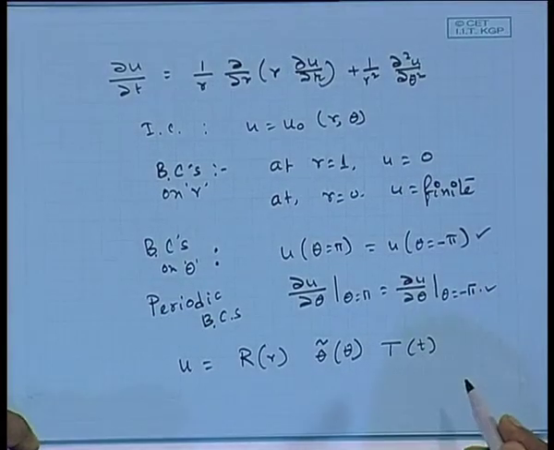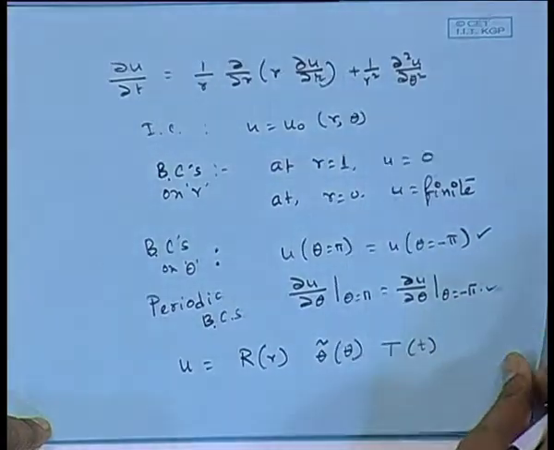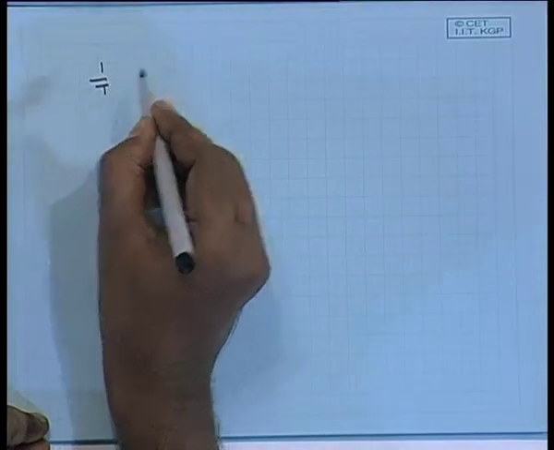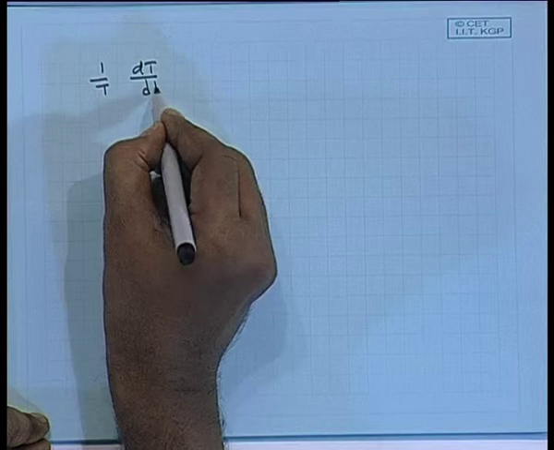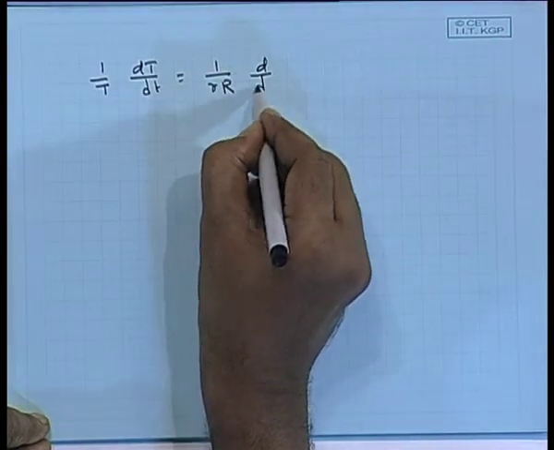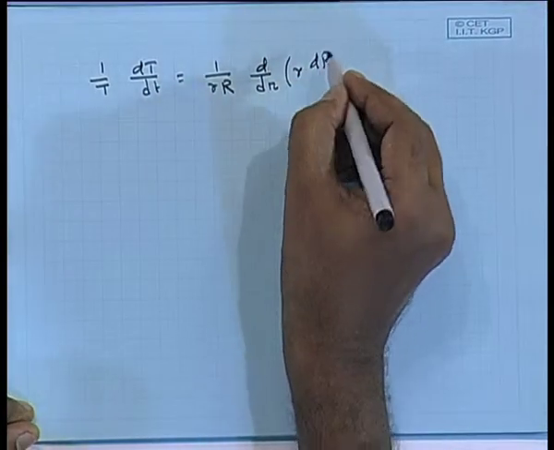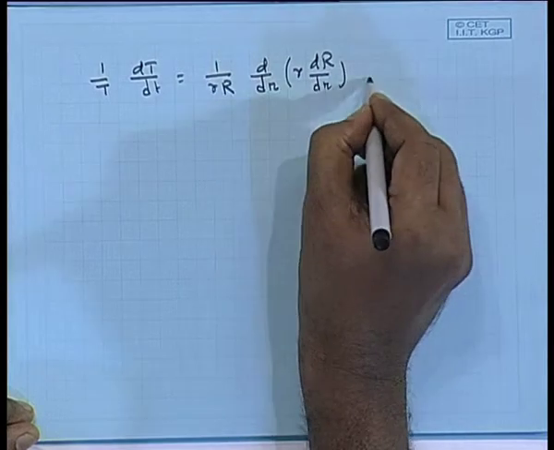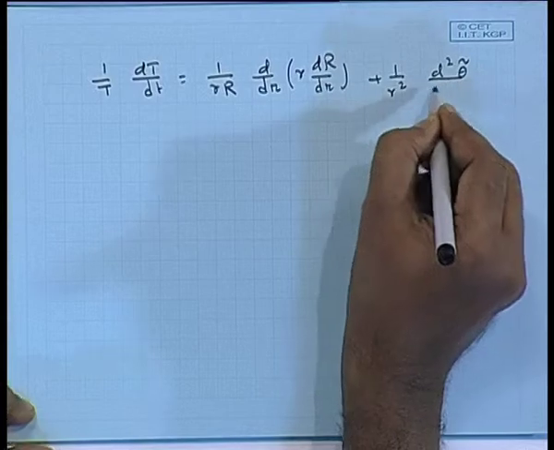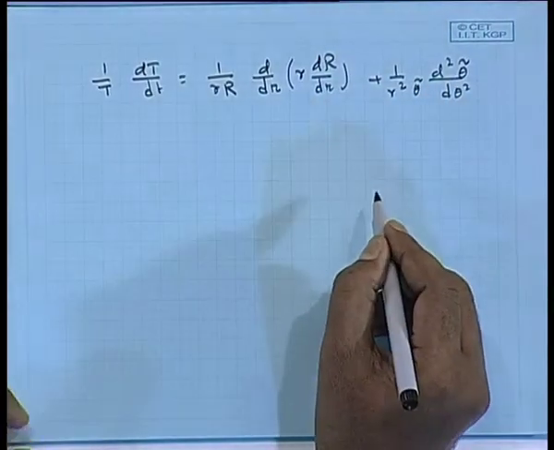These are all there in your previous notes. So, you substitute this in the governing equation and separate the variables. What you will be getting is (1/T) dT/dt = (1/R)(1/r) d/dr (r dR/dr) + (1/r²) (1/Θ) d²Θ/dθ².